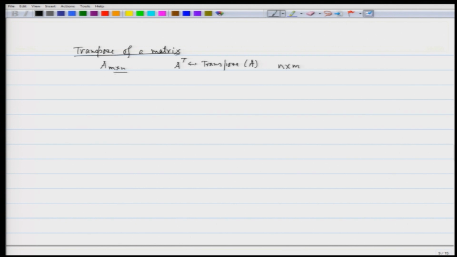Here it was m rows and n columns, here it is the other way around, it has n rows and m columns, fine, and the entries get reversed.